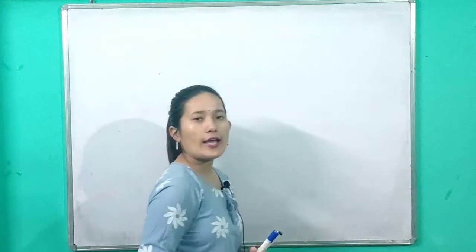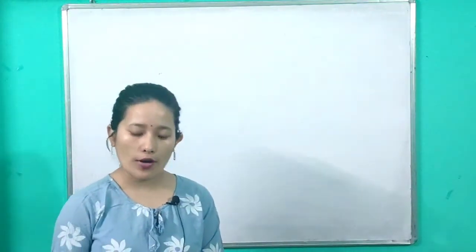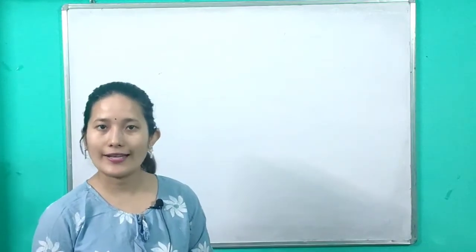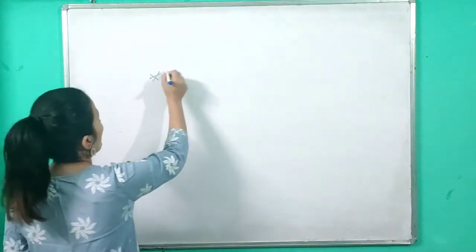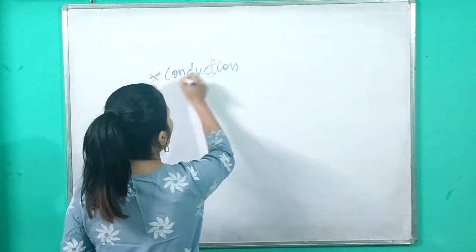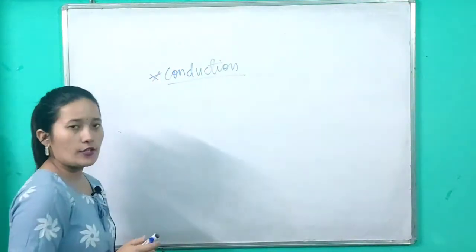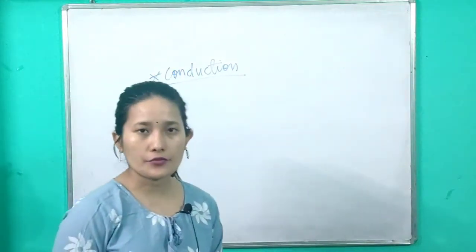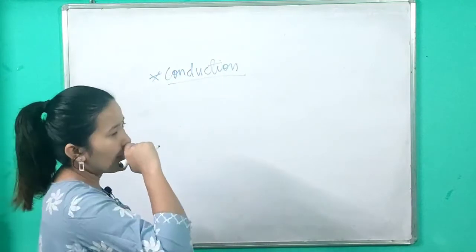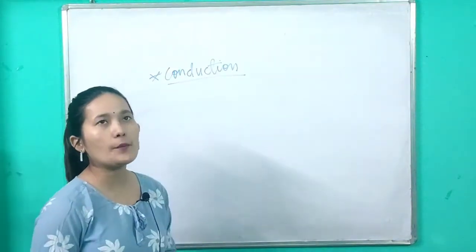Once the root hairs have absorbed the water, what is the next task that the plant has got? That is conduction. Conduction means transportation of water from the root hair, from root to different parts of the plant. Now that conduction is carried out with the help of certain forces.